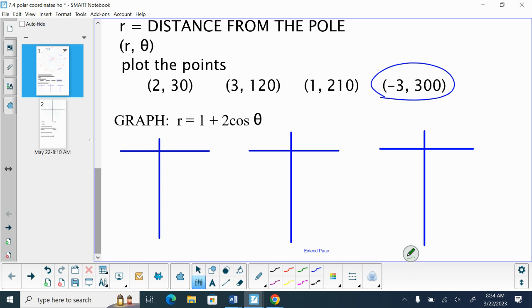If we graph this function here, 1 plus 2 cosine of theta, I guess we can use the graph that we have up top there. When graphing functions, there's no really easy way of graphing polar functions. And once again, as we talked about in trig class, a lot of computer graphics was done by use of polar functions.